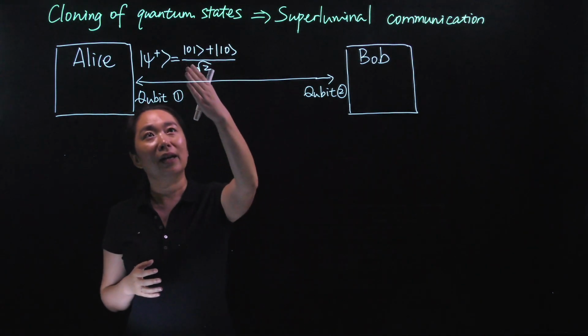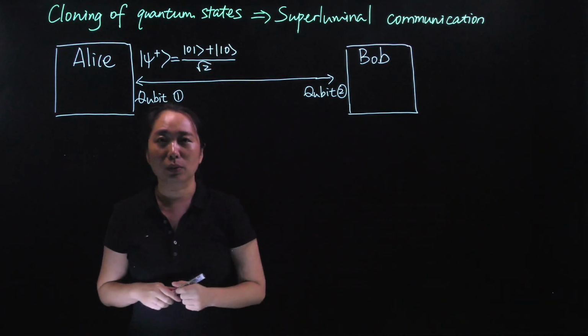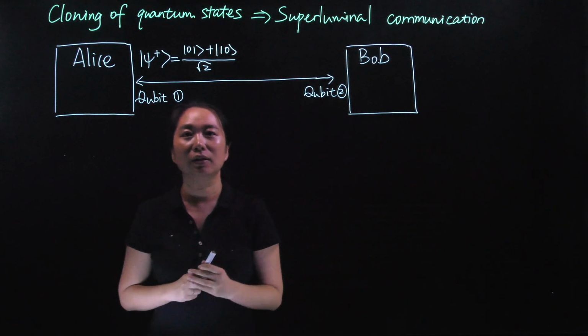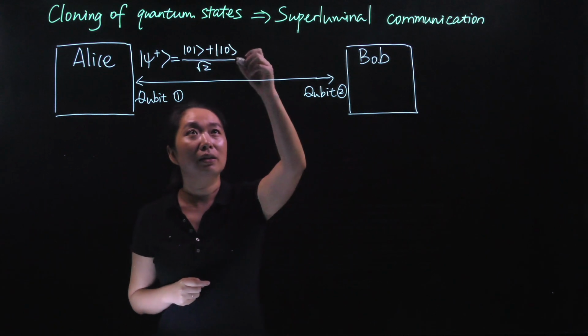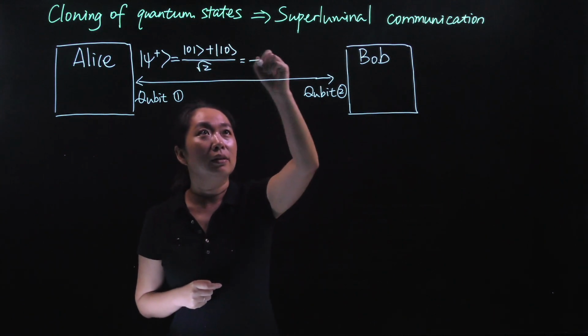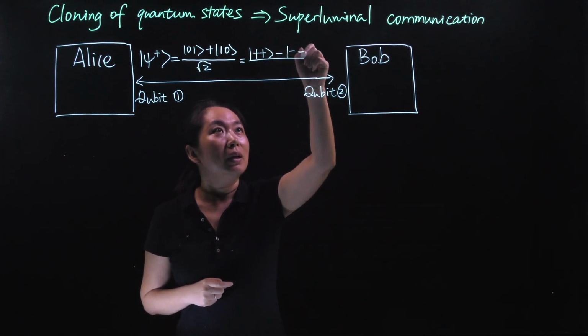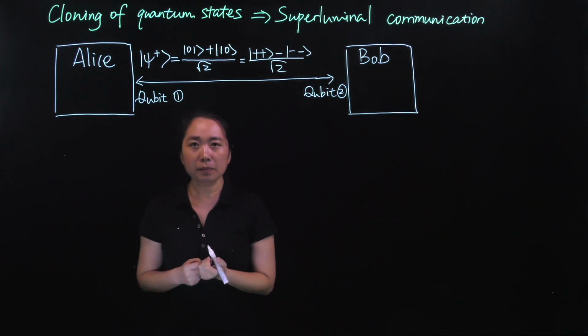The phi plus state is the state 01 plus 10 divided by square root 2, and we have also seen in the previous lecture that we can rewrite these states in the plus-minus basis, which is then the plus-plus state minus the minus-minus state divided by square root 2.